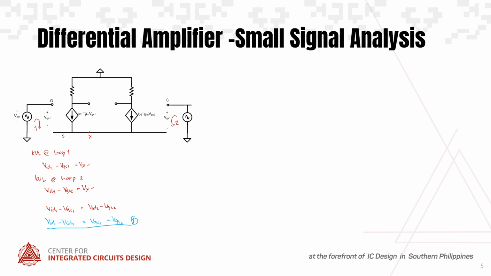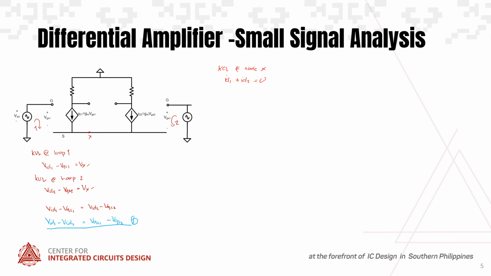And now we'll try to have a KCL at node X. So at node X, we have ID1 plus ID2 equal to 0 since this is open circuit already. And we know that ID1 is equal to GM1. I forgot to write GM1 here. And this is GM2.